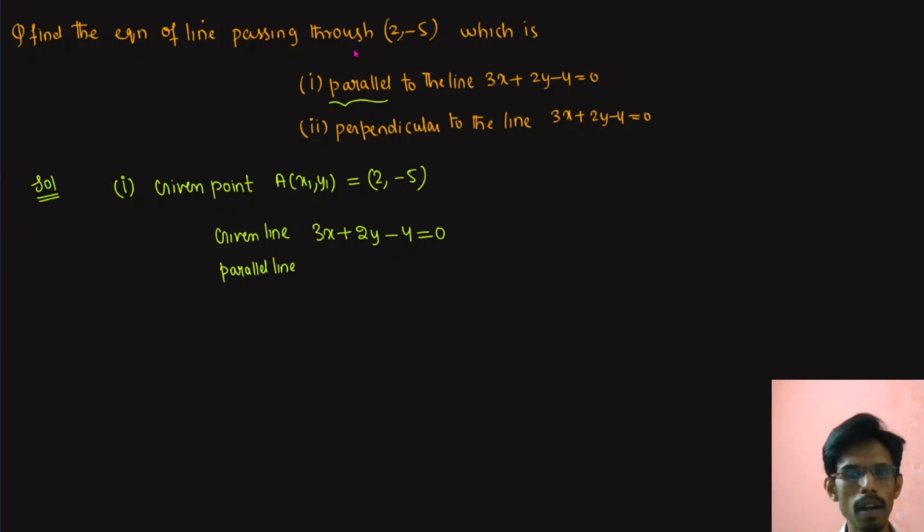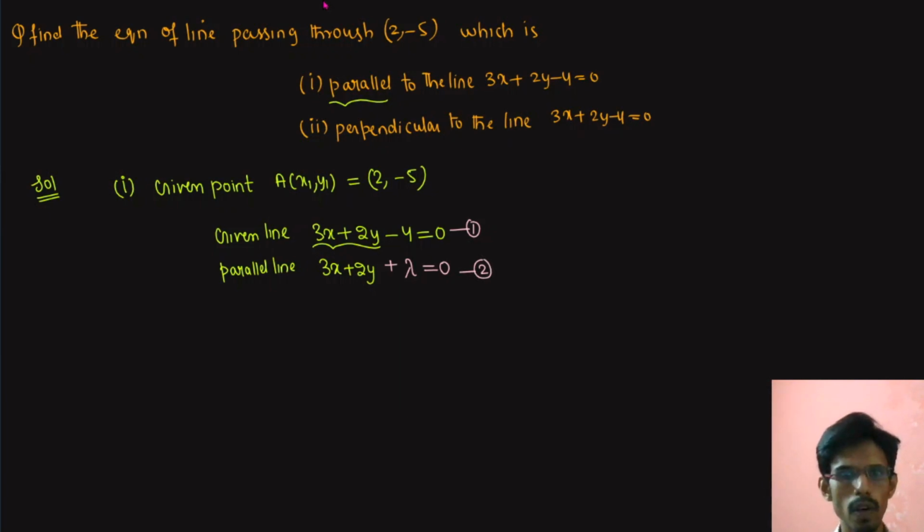Same slope means this part will be the same. So I'll write down 3x plus 2y as it is, because a parallel line will have the same slope. Plus we have a difference in the constant only, equal to 0. Let us take this as equation 1, this as equation 2.